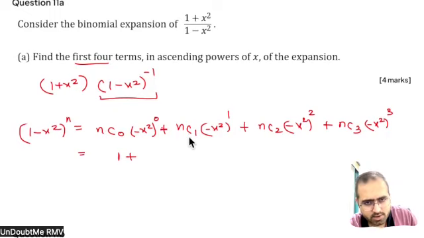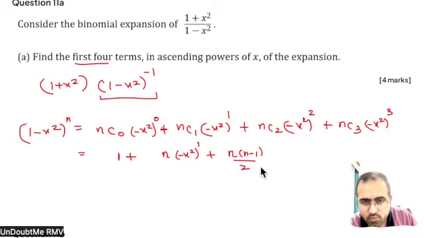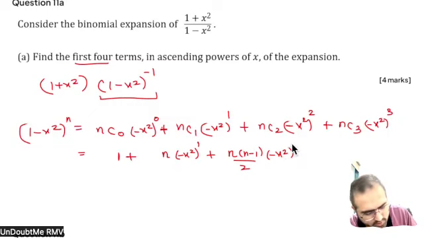But in the next one, nC1 is n, minus x square to the power 1. nC2, when you will solve, it will be n into n minus 1 over 2, minus x square to the power 2. You have to just understand that n is equal to minus 1.